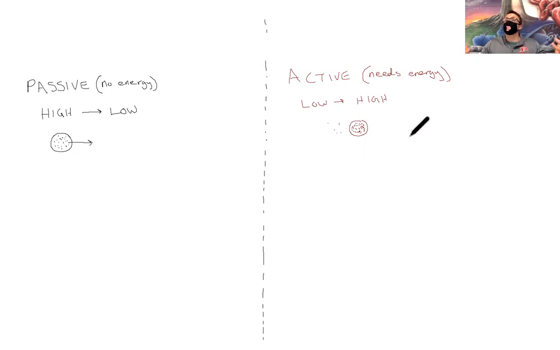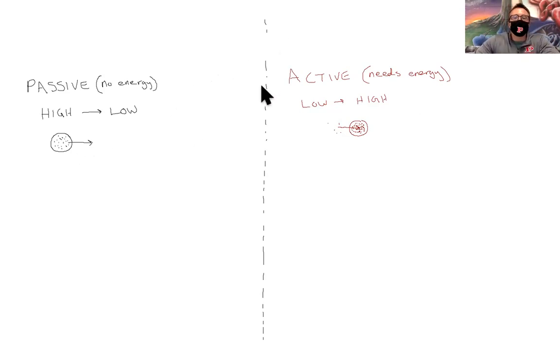Okay, where is all the stuff? It's inside the cell, but sometimes our cells are really greedy. You might have already a ton of sugar in there, but your cell's like, I want more. And so we're going to go from low to high. So this cell's going to pump that stuff inside because it's going to be going against the gradient, right?